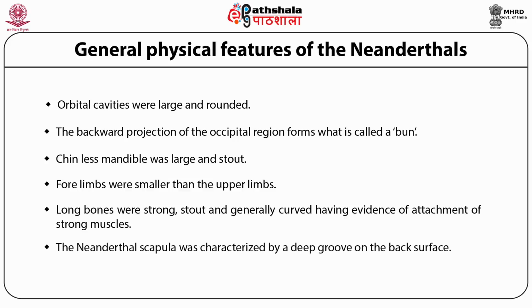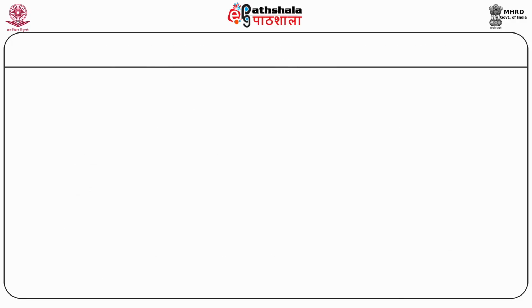The Neanderthal scapula was characterized by a deep groove on the back surface. Forelimbs were smaller than the upper limb. Length of the pelvis was comparatively smaller than the breadth. The femur was long, stout and had ape-like bending. Linea aspera was well developed.